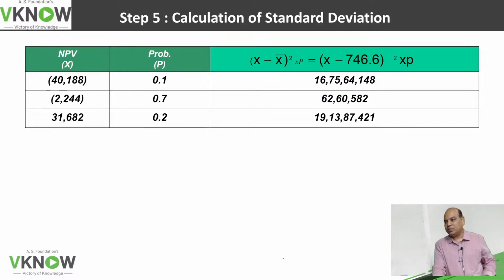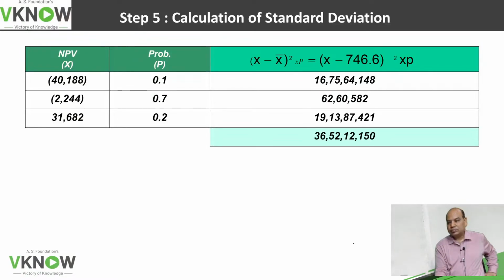Huge number, memory plus: 19 crore 13 lakh 87,421. Memory plus, then memory recall. Total is 36 crore 52 lakh 12,150.